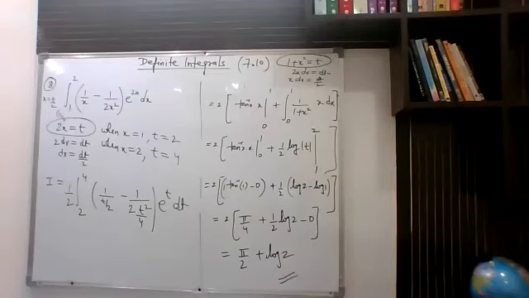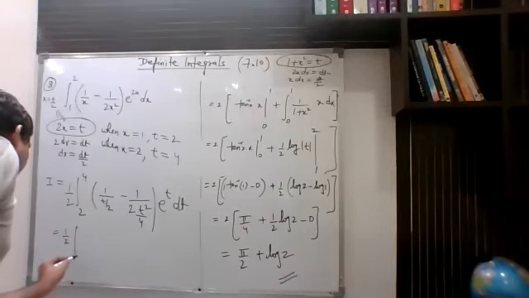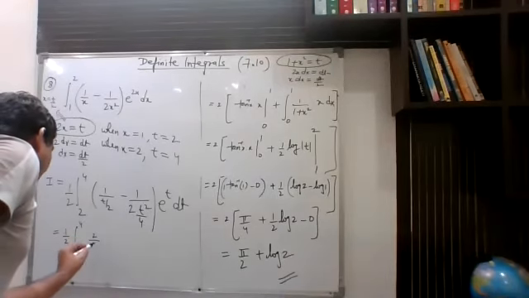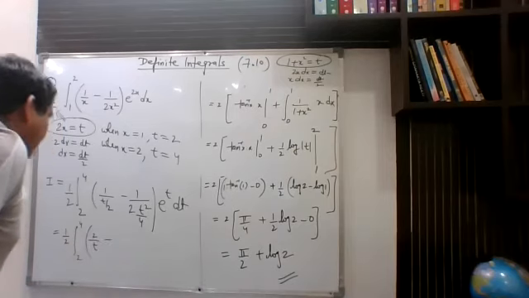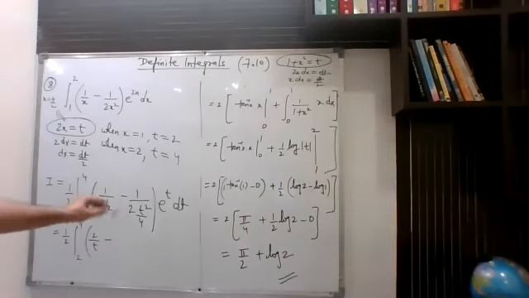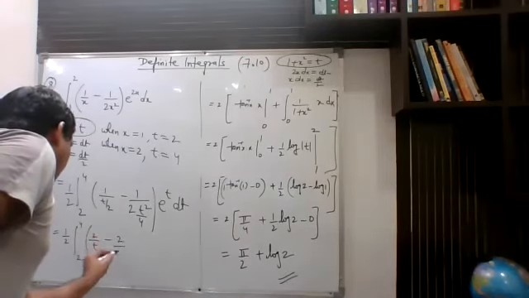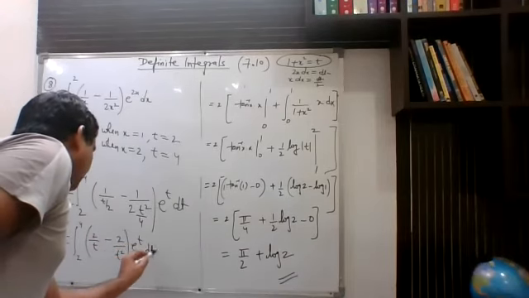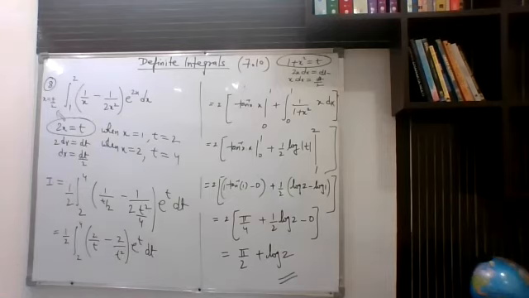Now let us do a little bit more calculation. I can rewrite this as half, integral from 2 to 4, of (2/t - 2/t²) e^t dt.